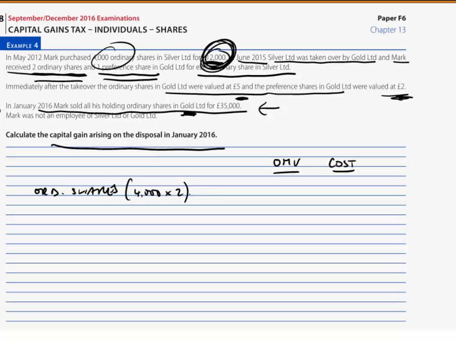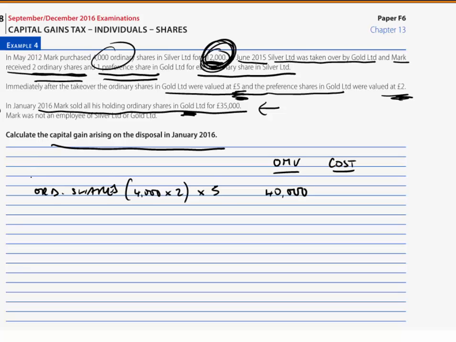So in terms of ordinary shares acquired in Gold, 4,000 times 2, 8,000 shares. What were they then valued at that date? £5 per share. So 8,000 shares times 5. That means we received at the time of takeover £40,000 worth of ordinary shares in Gold Limited.